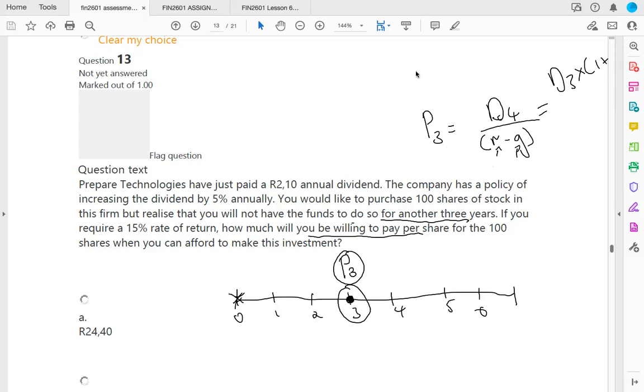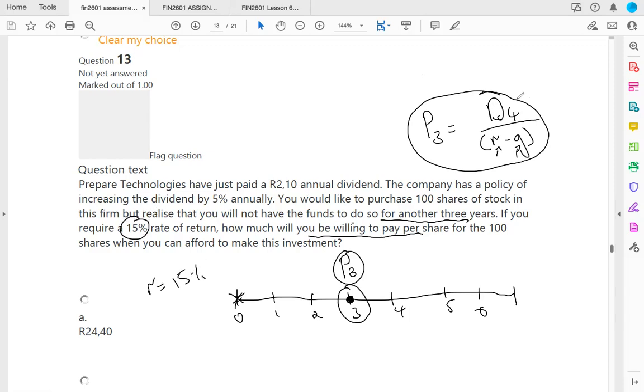So what we're going to do is just use this formula right here. We do have our required return, R is 15%. We do have our growth rate, our growth rate is 5%.